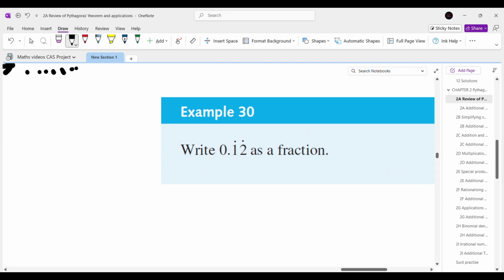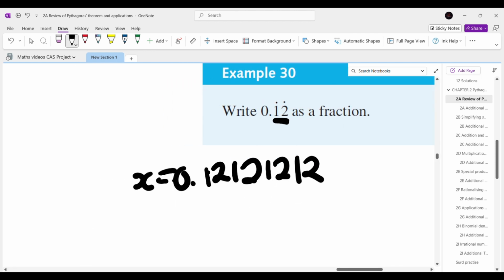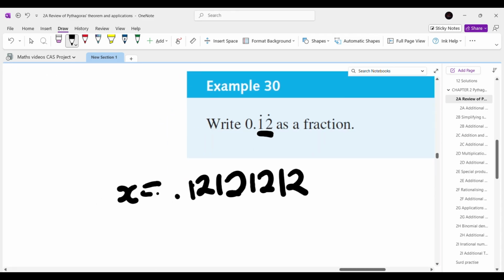Here it's a little more complicated. You have to make sure you eliminate the repetition entirely. So as it goes 0.12 repeating, we go 1 2 1 2 1 2. That's our x value. If we multiplied it by 10, this would be 1.2, 1.2. The digits here wouldn't be aligned, so we wouldn't be able to subtract this.